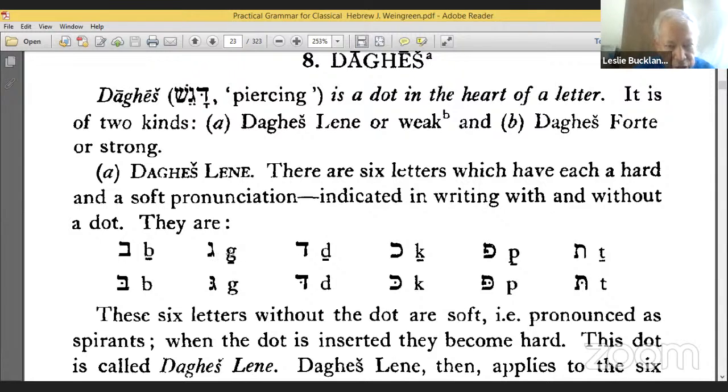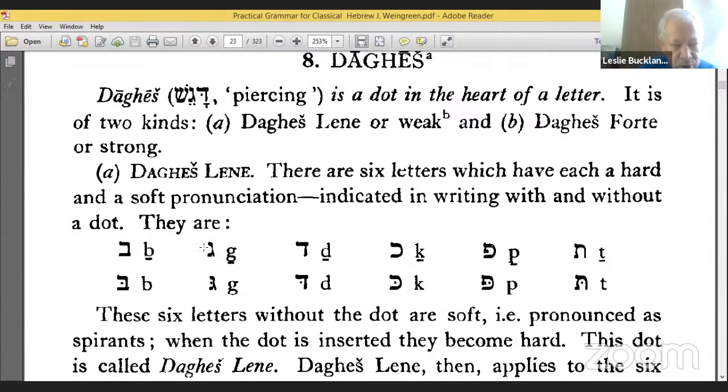It's really a G. Daleth, D. Kaf, K. Fe, and Tav. This is the soft sound. But when you put a dot in the heart of each of these letters, it changes them. This is supposed to be a V sound at the top, but it becomes a B sound when you put a dot in it.